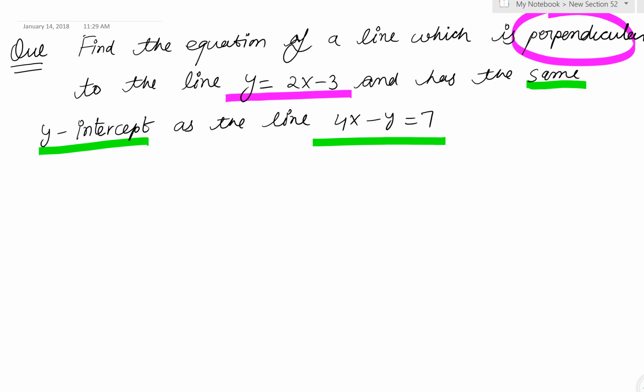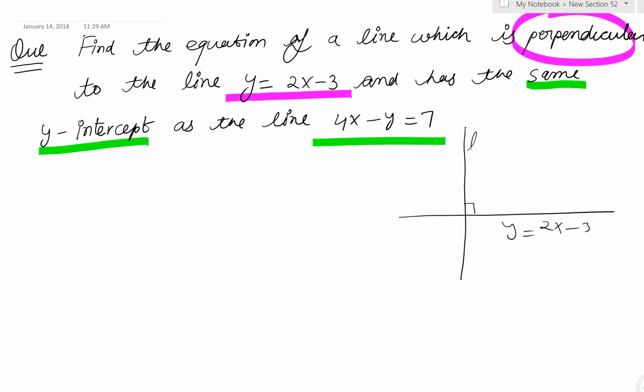So we have to find the equation of a line which is perpendicular to the line y equals 2x minus 3. And what does it mean? That means your line is, let's say this is the given line, 2x minus 3, and your line is going to be perpendicular to that, like that.